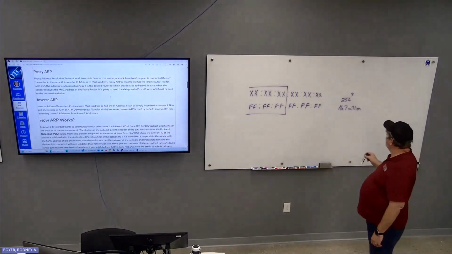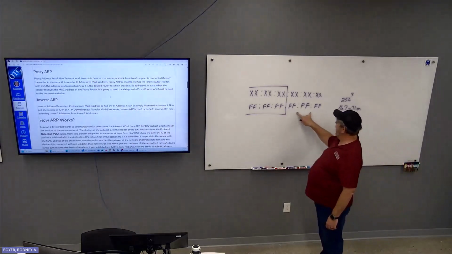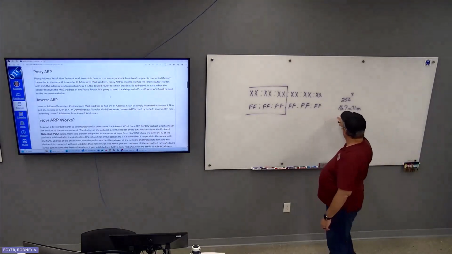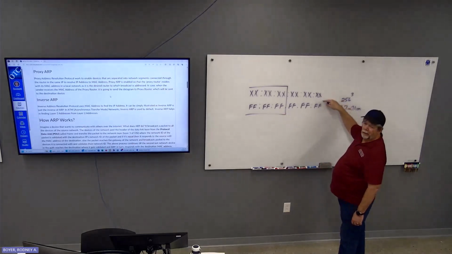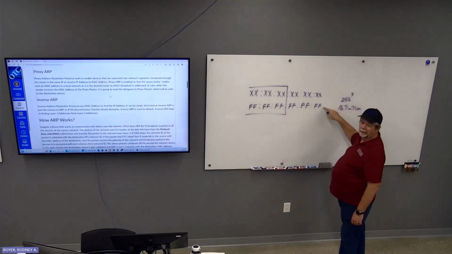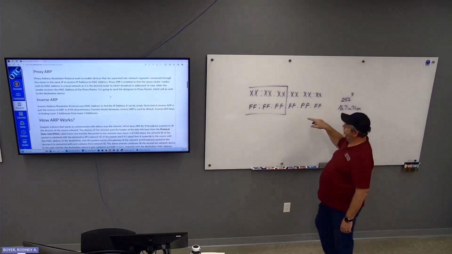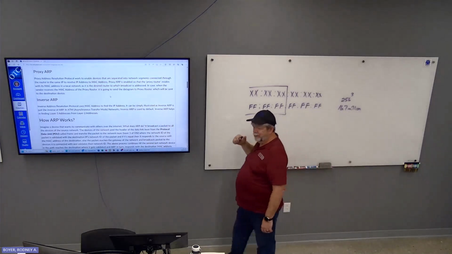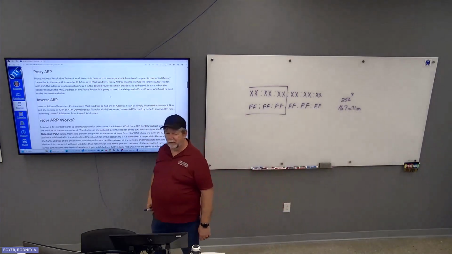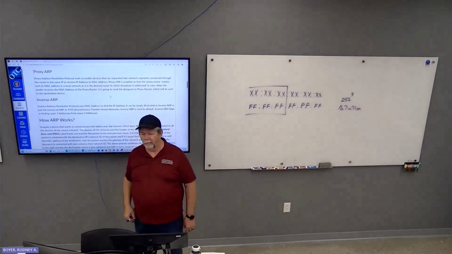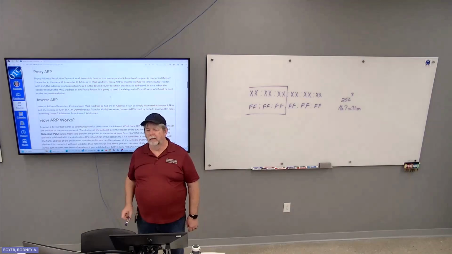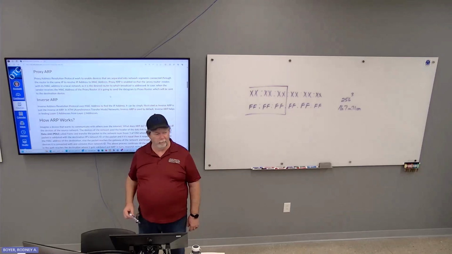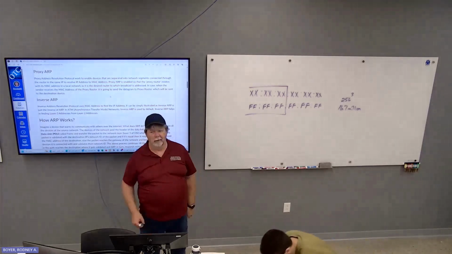So 16.7 million possible combinations, from 000000 to FFFFFF. So 16.7 million possible MAC addresses per OUI. But if I'm somebody like Realtek or Cisco, I need more than one OUI.